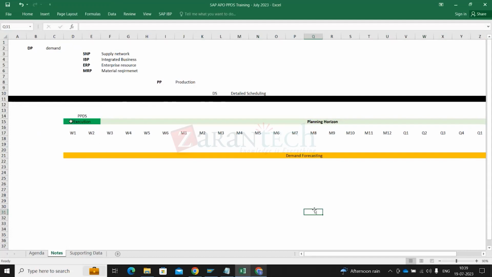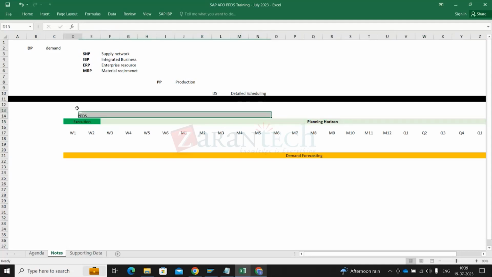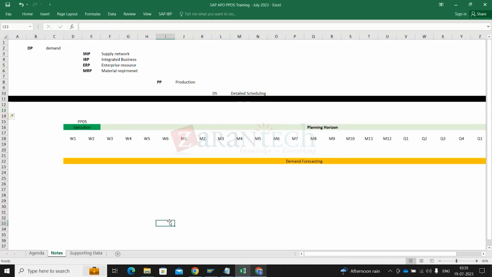So basically for 2 weeks you would do the execution, and for whatever is the remaining horizon you would do the planning. These terminologies are from your supply planning engine perspective.